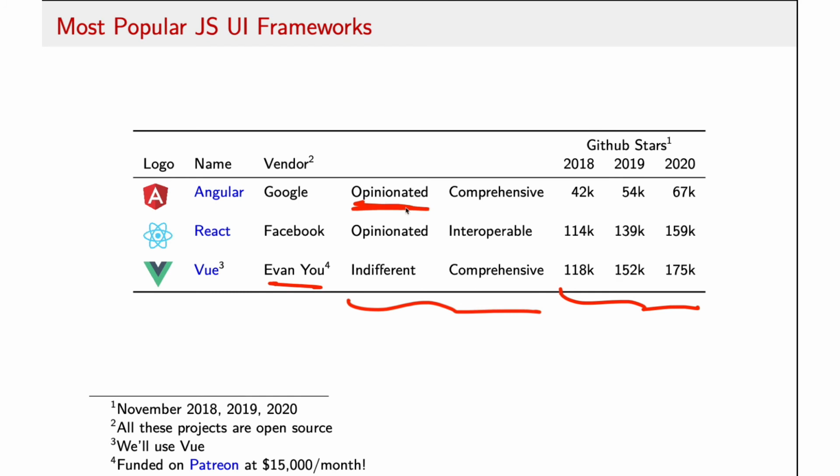In other words, my way or the highway. Here's how you do application development. If you don't like that, don't use our framework. And comprehensive. It tries to be a batteries included kind of a framework that has all of the pieces and parts that you might need to use when you're building a comprehensive user interface for a single page application.